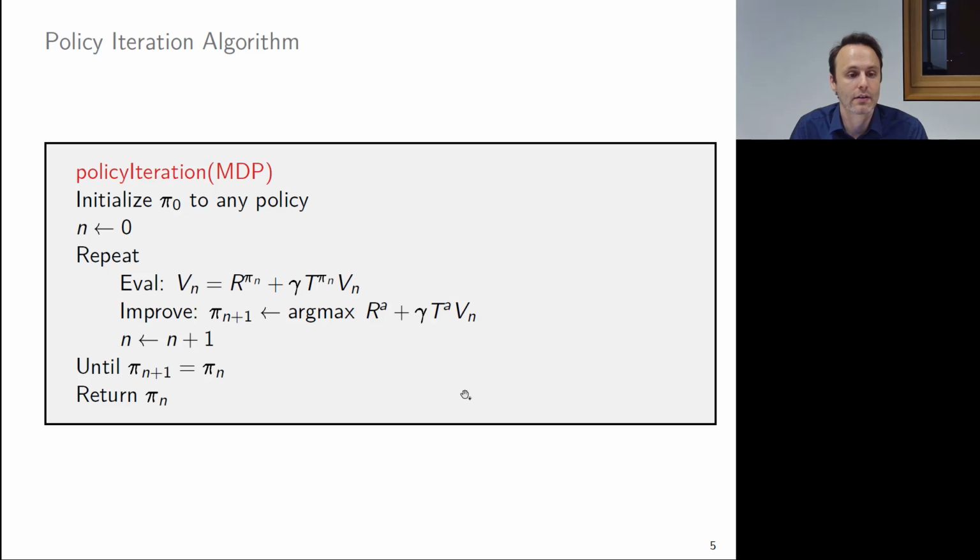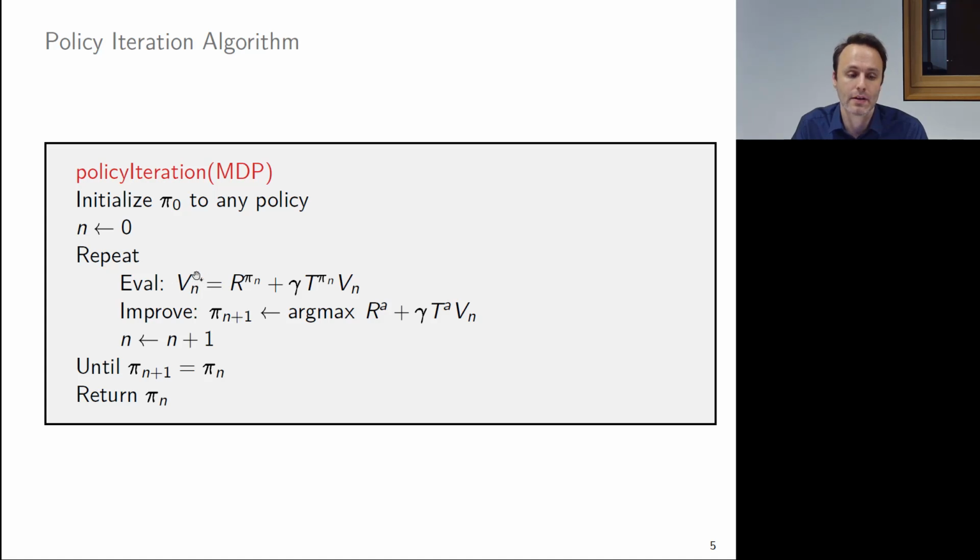Now the summary of the policy iteration algorithm looks as follows. We initialize the algorithm to any policy in the beginning. Then we evaluate, by solving a system of linear equations, this Vn, which is on both sides here.